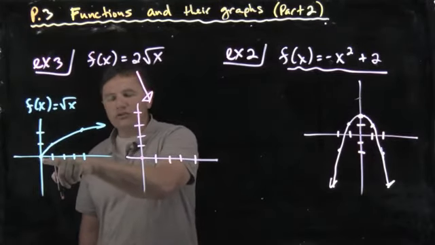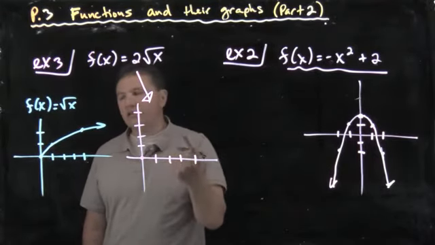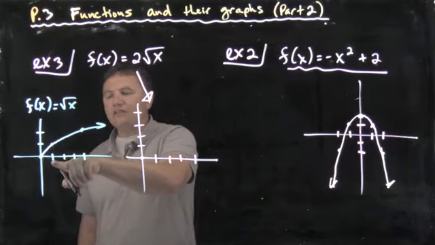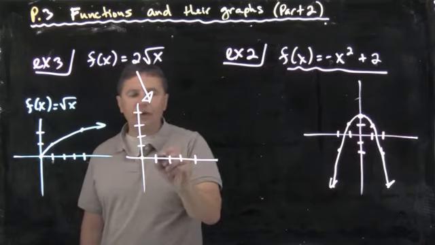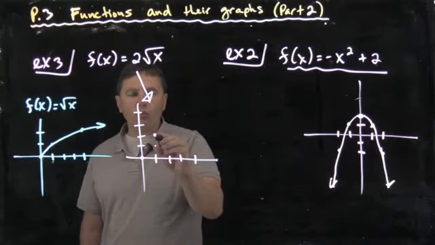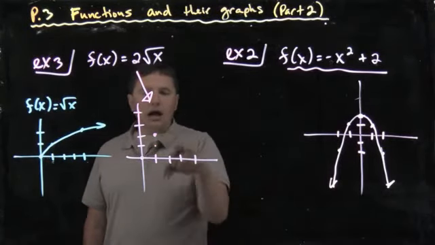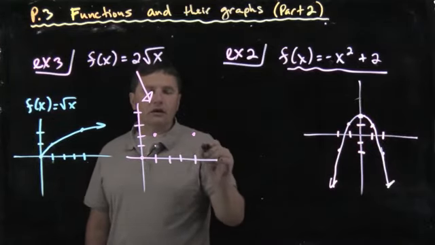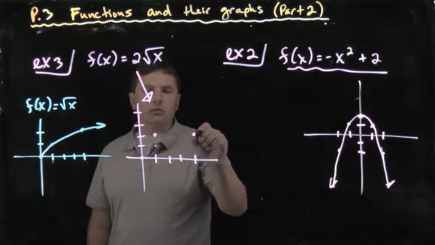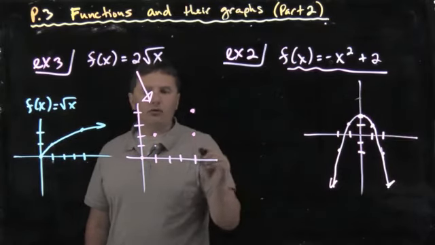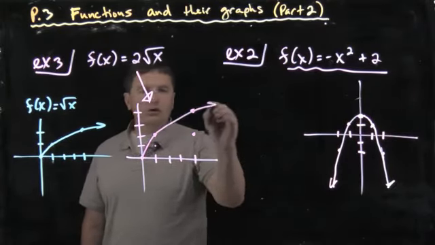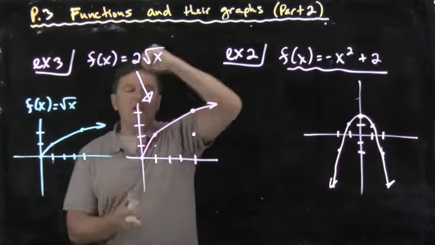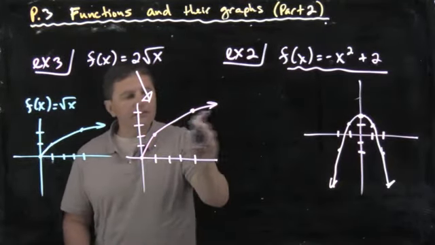So at 0, 0, you multiply 0 by 2, it's going to stay 0. Now here, 1, 1, the x value doesn't change, just the y value. So that 1, 1 goes to 1, 2. The point we had at 4, 2 is going to get multiplied by 2, so that's going to end up at 4, 4. So we get a graph that looks like that. That's why I called it a stretch away from the x-axis.